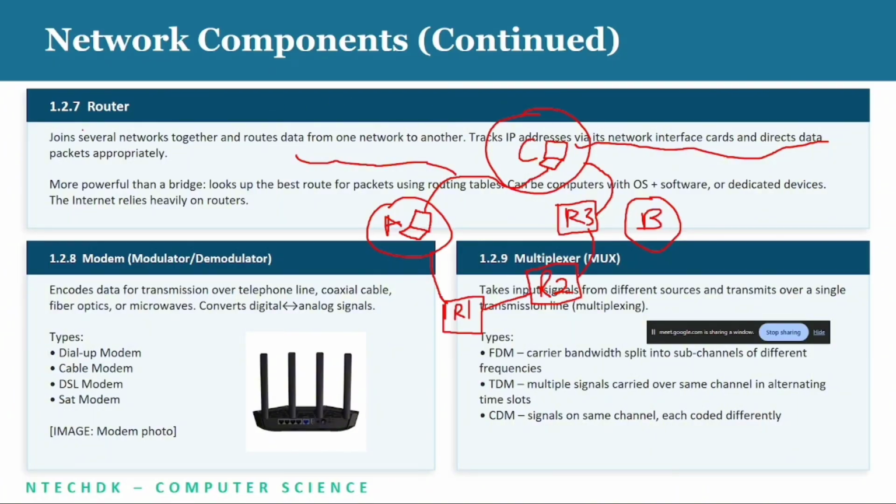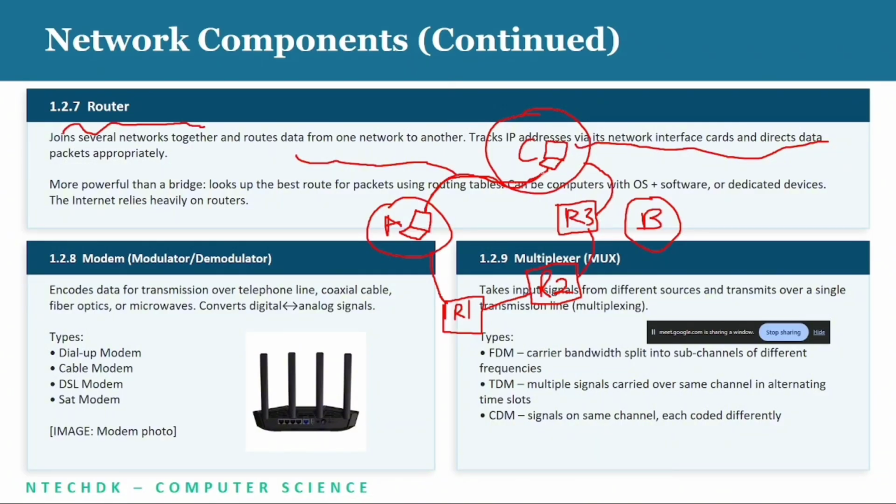And what does it do? It joins several networks together, right? So this is network A, this is network B. The possibility of data being sent from A to B is made possible through a router, right? So this is A trying to communicate to C, sorry, but they are not on the same network.